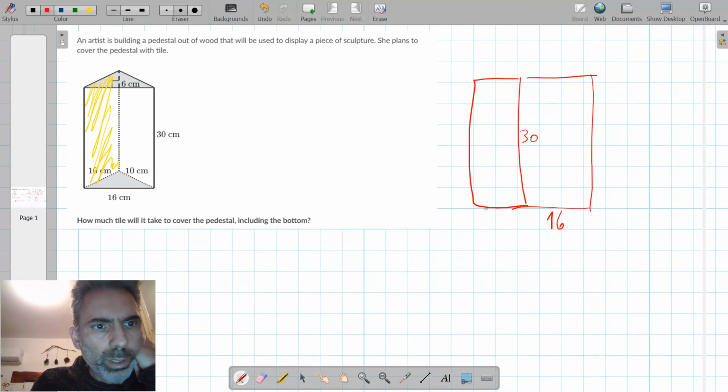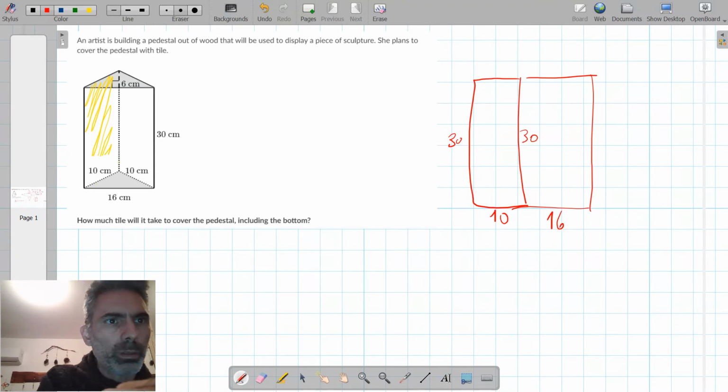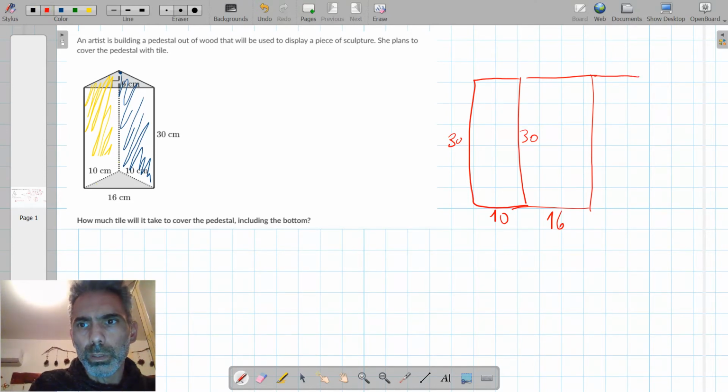It has dimensions of 10 times 30, same height, and on the other side we have this face, with the same dimensions of 10 times 30.